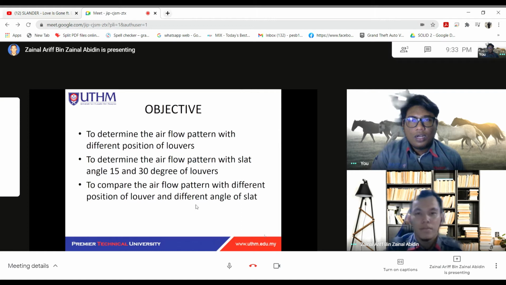For our objectives, first, to determine the airflow pattern with different positions of louvers. Then, to determine the airflow pattern with slat angles of 50 degrees and 30 degrees of louvers. Next, to compare the airflow pattern with different positions of louvers and different angles of slats.